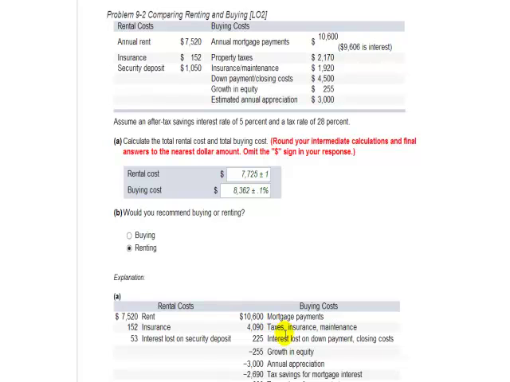Then it says that we've got interest lost on down payment and closing cost of $225. And what that boils down to is this 5% that we could have earned on the down payment of $4,500.